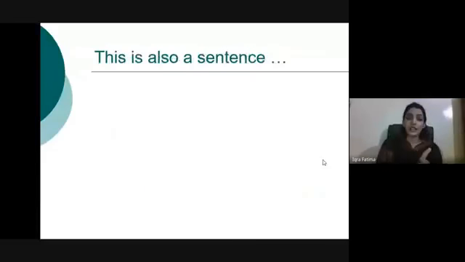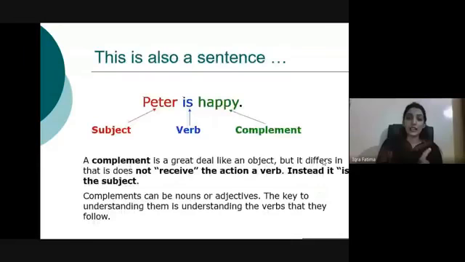So the object is the thing on which the action is performed. The action is performed on the dinner. But in another type of sentence where we have the complement, the complement does not receive the action. A complement could be a noun or adjective. If we talk about the object, it could be a noun or pronoun. But a complement could be a noun or adjective.